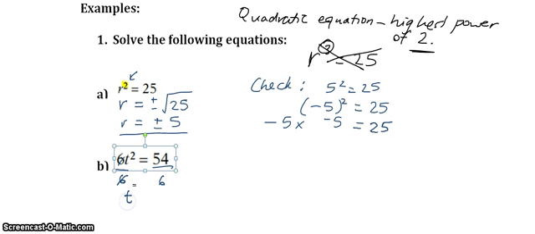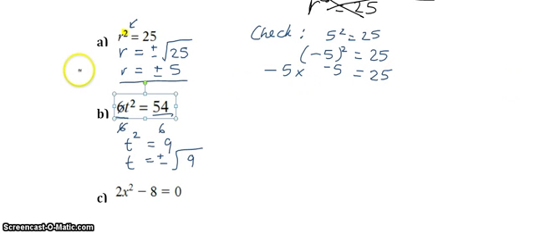And I've got left t squared equals, 6 times what gives me 54? 6 times 9 gives me 54. To get from t squared to t, I need to take the positive and negative square root of 9, which then tells me that t will have to equal plus or minus 3.